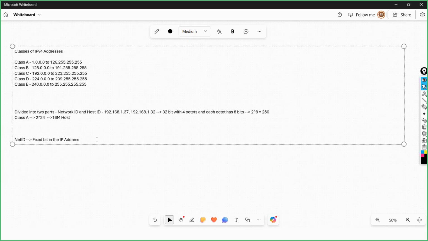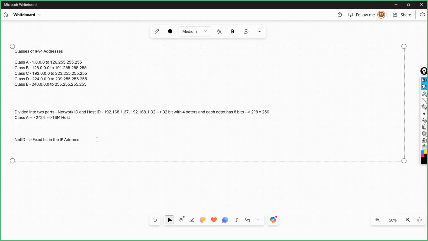Now, these are the general terms which I will write. When you talk about class A, in class A the first octet represents the network ID.